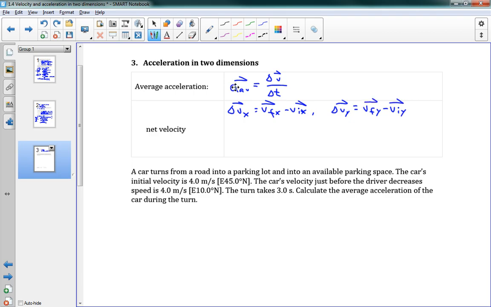So you see that we do x and y separately, then we can get the magnitude of delta V. Delta V magnitude is the square root of delta Vx plus delta Vy, and both of those are squared. And theta is equal to the tan inverse of delta Vy over delta Vx. So that's just summarizing what we were doing on the last page there.